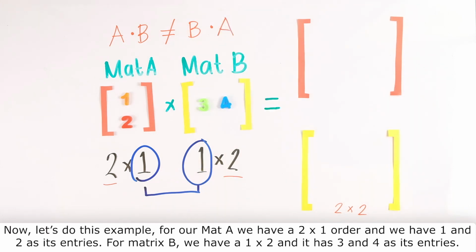Now, let's do this example. Again, for our matrix A, we have a 2 by 1 order and we have 1 and 2 as its entries. For matrix B, we have a 1 by 2 matrix and it has 3 and 4 as its entries.